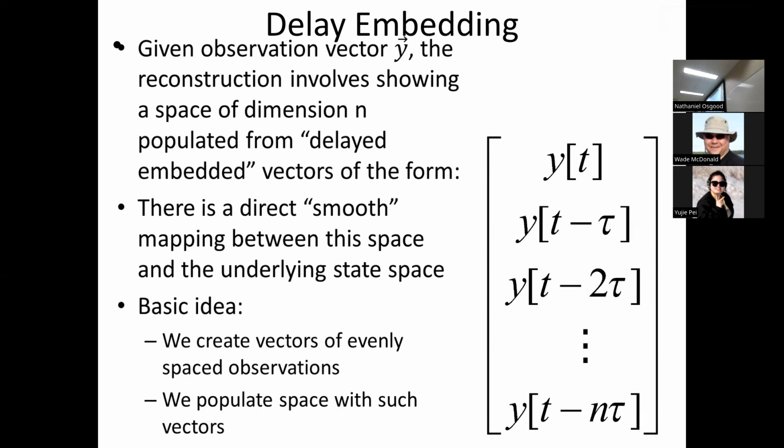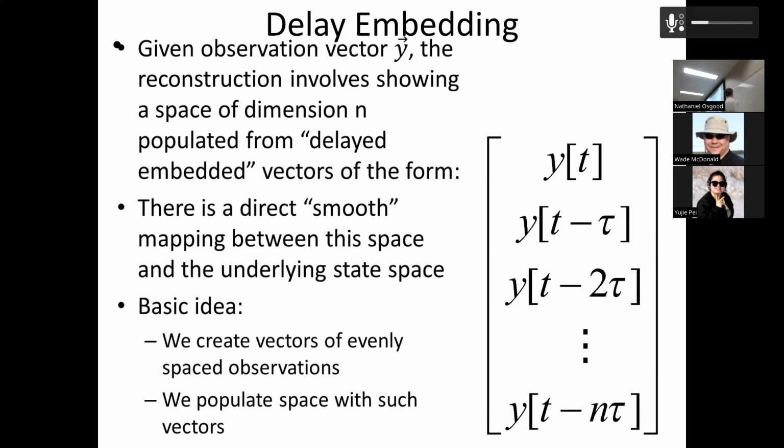I'm using a single day here. If for each point in time we create that vector, so we have such a vector for day 100, which has, from the original time series, a reconstructed one.